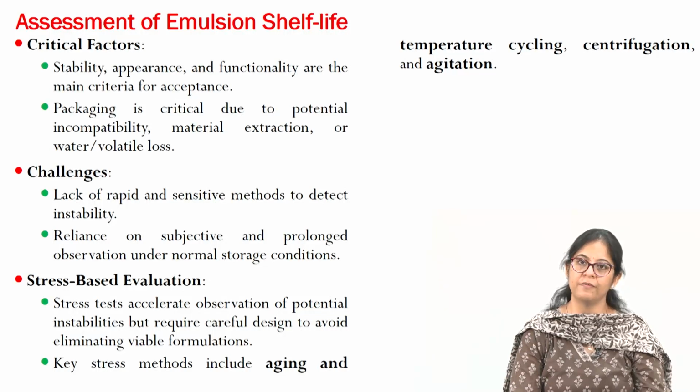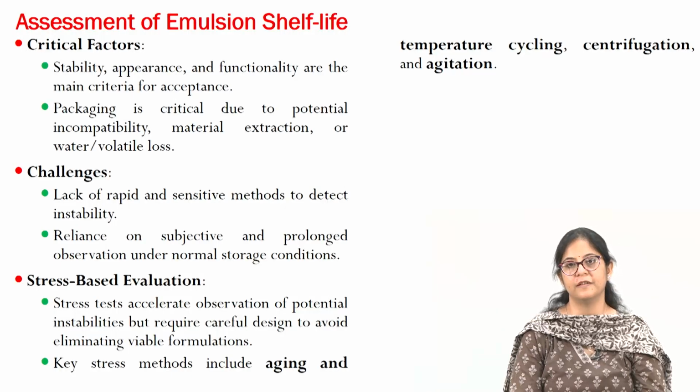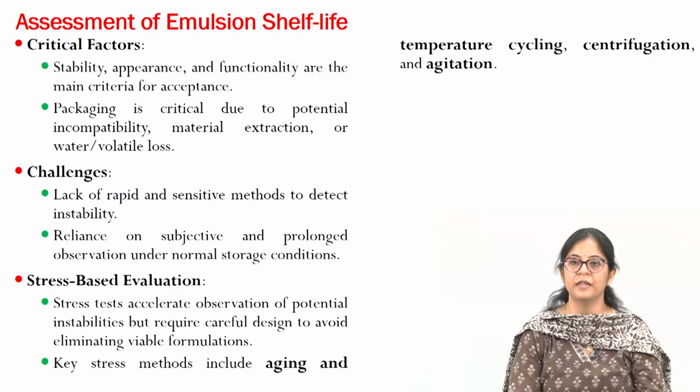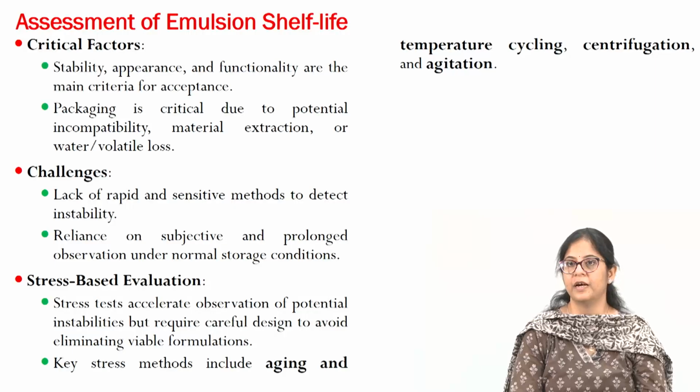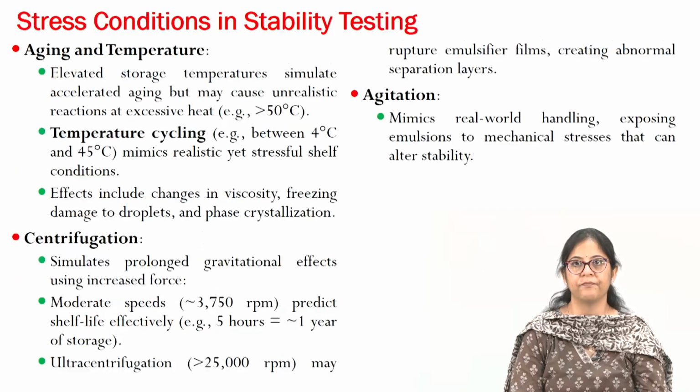formulation. Stress based evaluations can be done to accelerate observation of potential instabilities, but require careful design to avoid eliminating the viable formulations. Key stress methods include aging and temperature cycling, centrifugation and agitation.